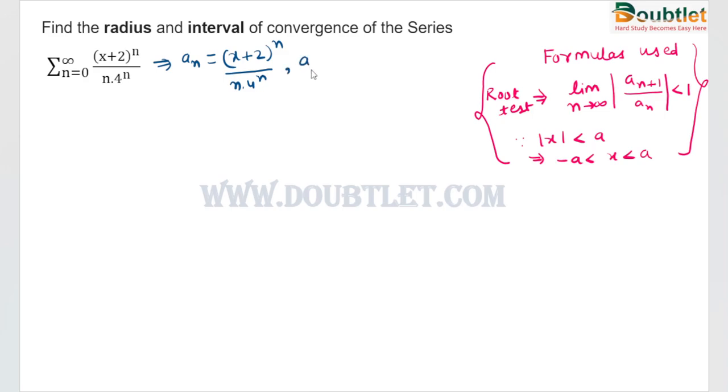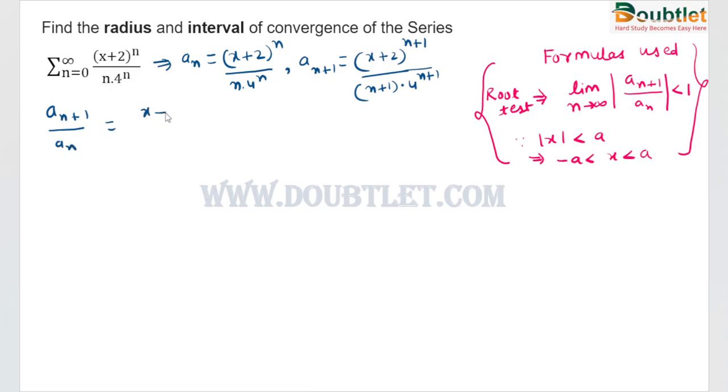To write the n plus 1th term, we replace n by n plus 1: (x plus 2) to the power n plus 1 divided by (n plus 1) into 4 to the power n plus 1. Now we divide the n plus 1th term by a n.